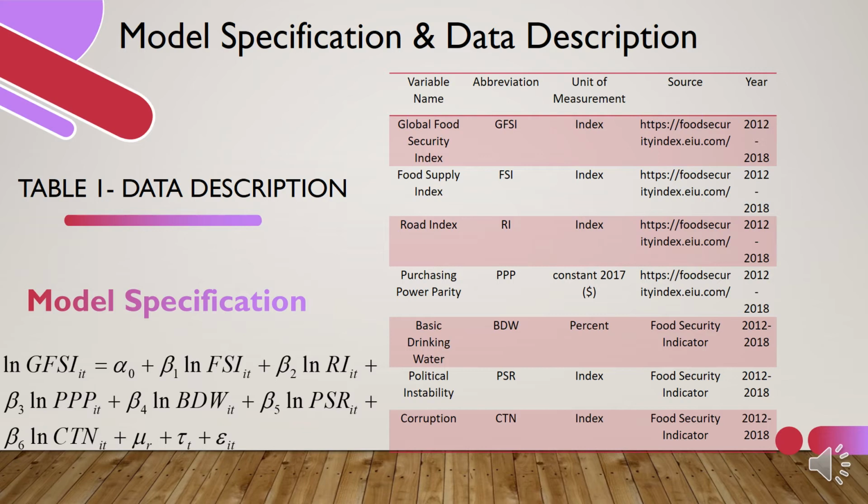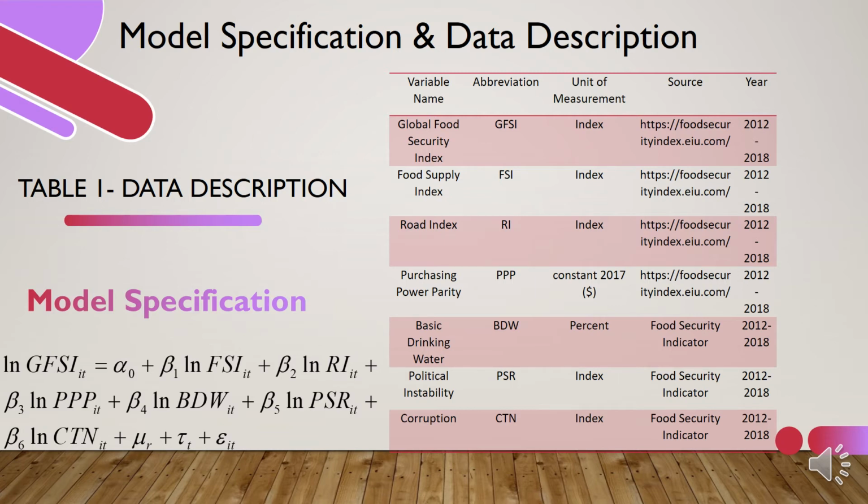The independent variables are Food Supply Index, FSI, Road Index, RI, Purchasing Power Parity, and Basic Drinking Water. PSR is political instability and CTN is corruption.